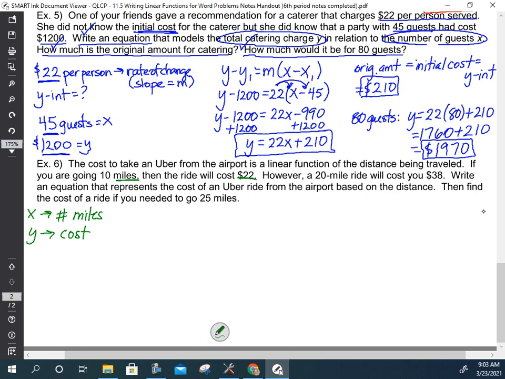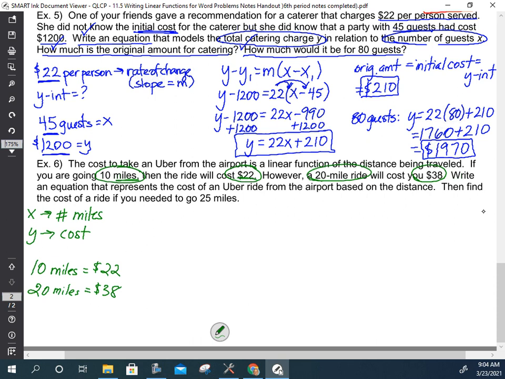So if we look at the problem again, you go 10 miles, it costs you $22. So 10 miles will cost $22. 20 miles, $38.